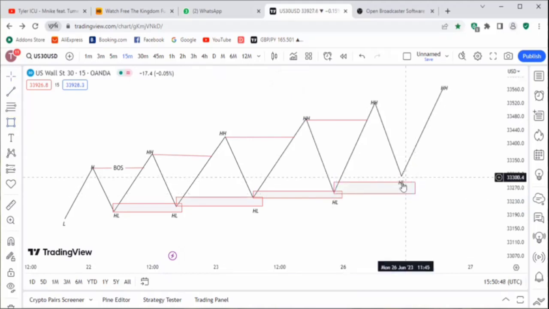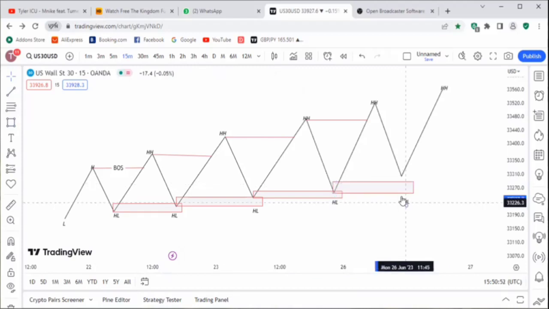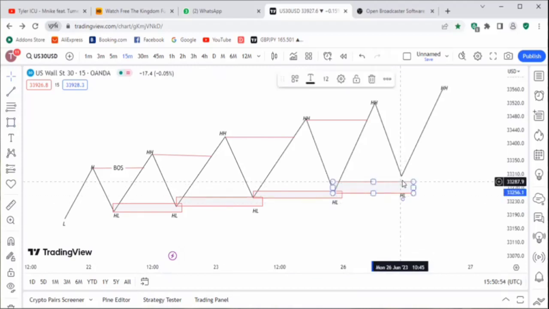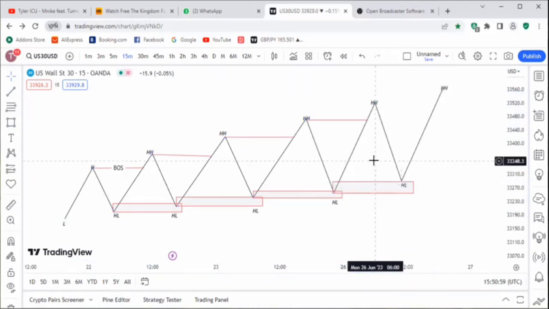This is going to be our order block. Higher low again. If the market is going to continue moving in an uptrend, that's what we are going to do. We're going to identify break of market structure, take our order block at the extreme point, the last bearish candlestick. Remember that we're in an uptrend here.